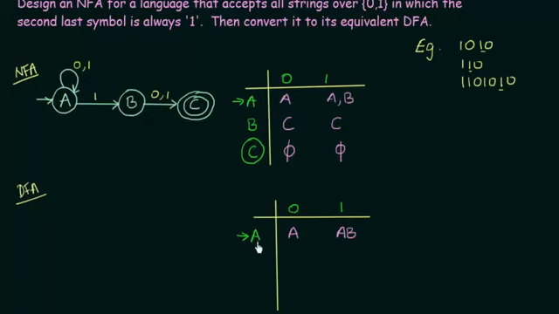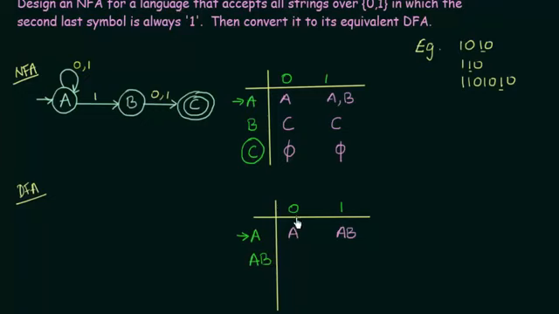I've already written for A. The next thing is AB, so we will talk about state AB. To see where AB goes on getting input 0 or 1, I should go to the NFA table, look at both A and B, and perform the union operation of A and B on getting particular inputs.